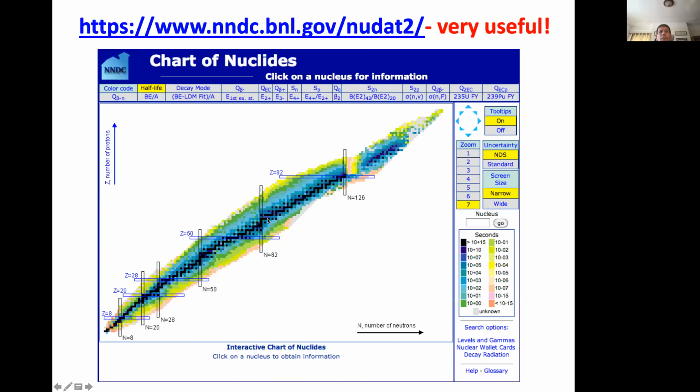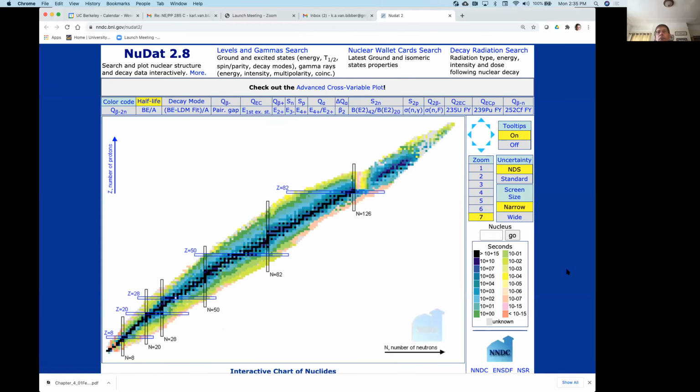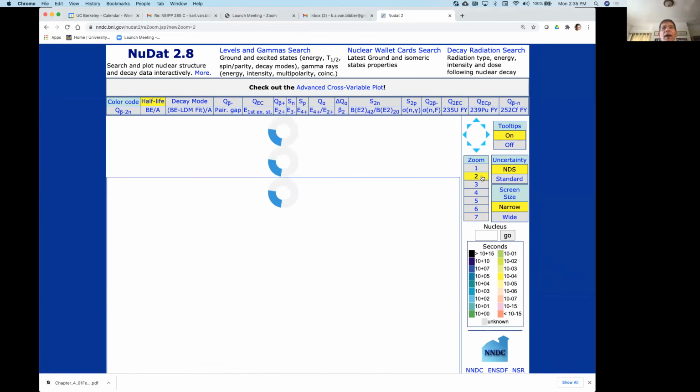Okay, we looked at the chart of the nuclei here. Let's go live and get familiar with this, play with it, just rummage around, look at things, hover over with a little hand. Let's take a look at iron-56, for example. Where's iron? Here we are, 60, 59, 58, 57, 56. We'll click on iron-56. Now you still can't see that very well, but if you hit zoom, boom, there you are.